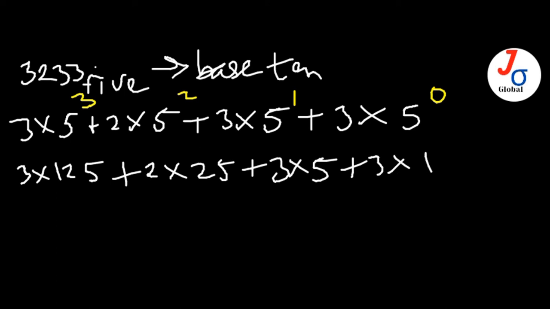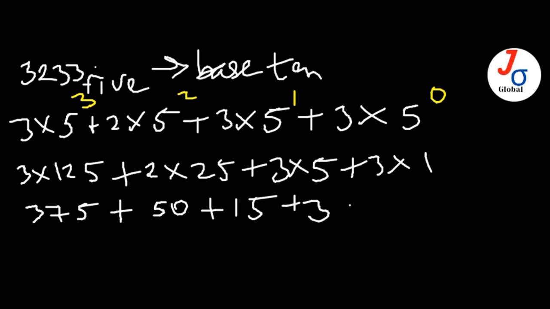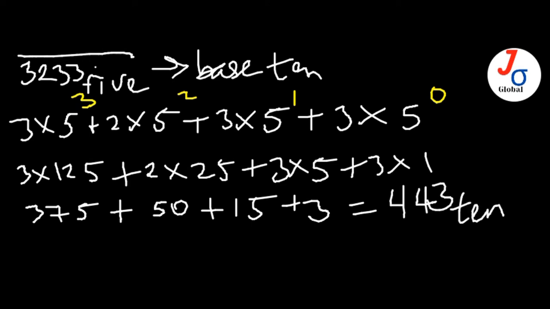So I have 3 times 125, I have 375, plus 50, 2 times 25 is 50, plus 3 times 5 is 15, plus 3 times 1 is 3, and the sum of that is 443 base 10.